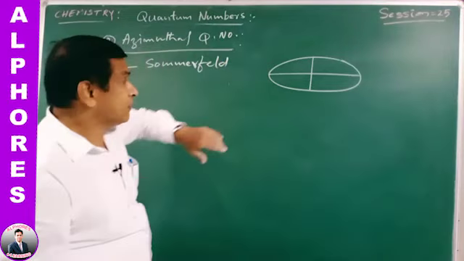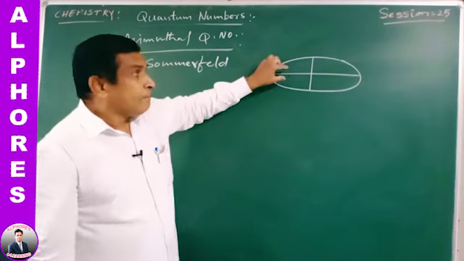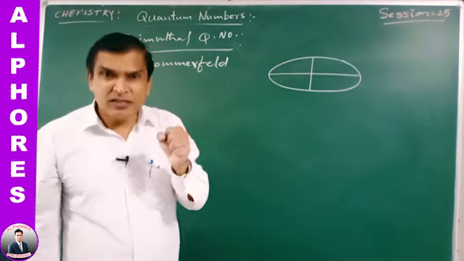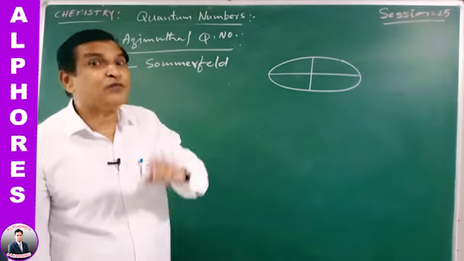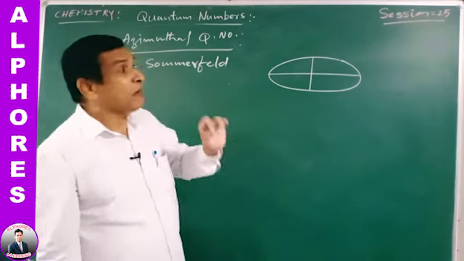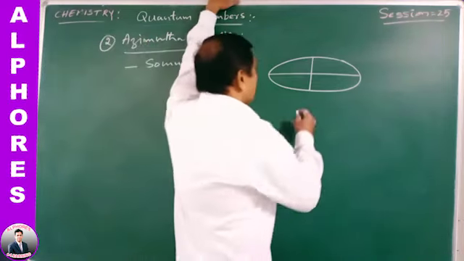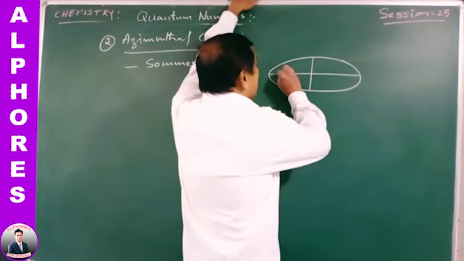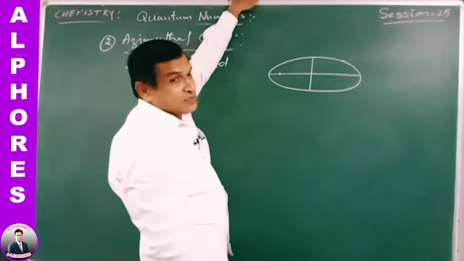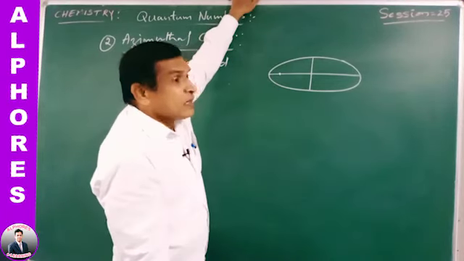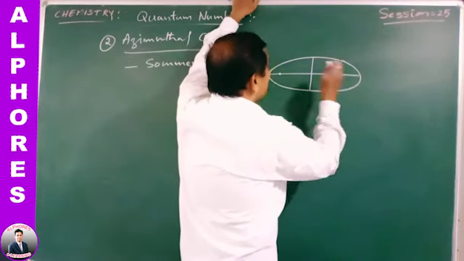Again I repeat, listen. By introducing elliptical orbits, Sommerfeld explained the angular momentum of the electron. In elliptical orbits, the nucleus is found at one of the foci of the major axis. It may be on the left side or the right-hand side.